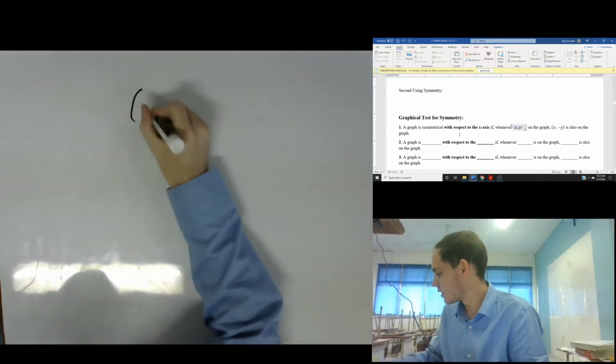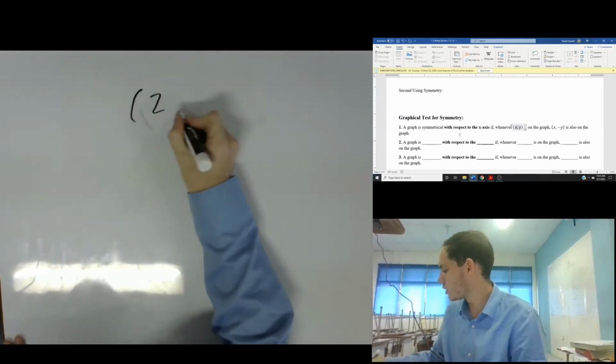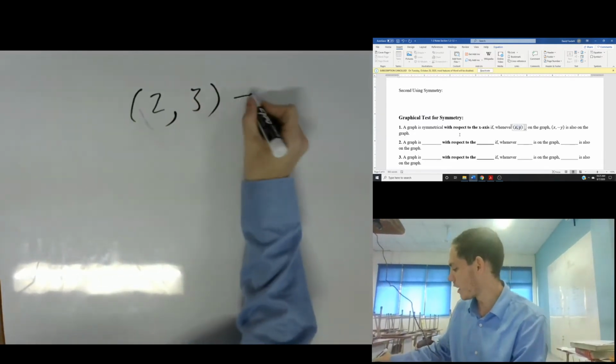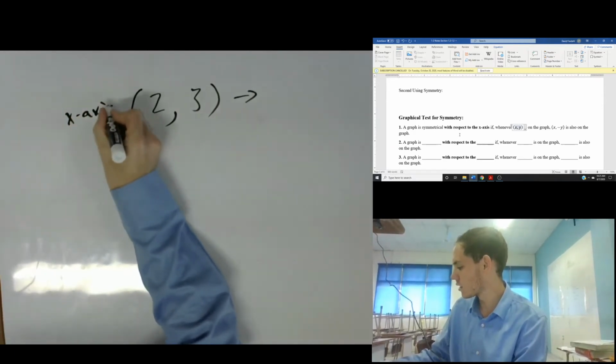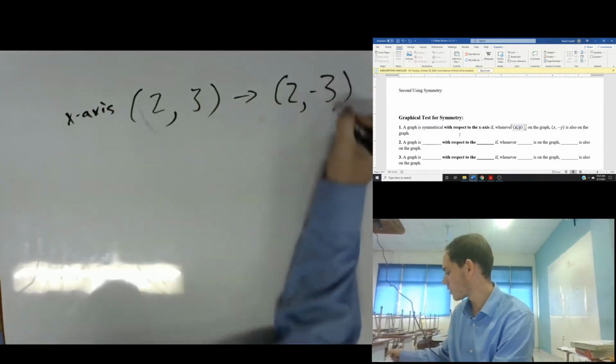on the graph. That implies that with the x-axis, the x will be the same for the opposite y's. So think of it like this. If I have the point 2, 3 on the graph, then this implies, if we're symmetrical with the x-axis, that 2, negative 3 is also on the graph.